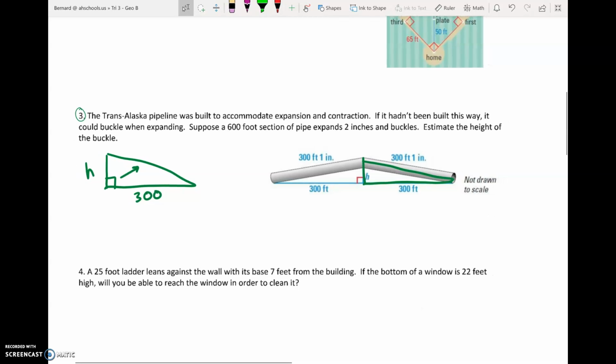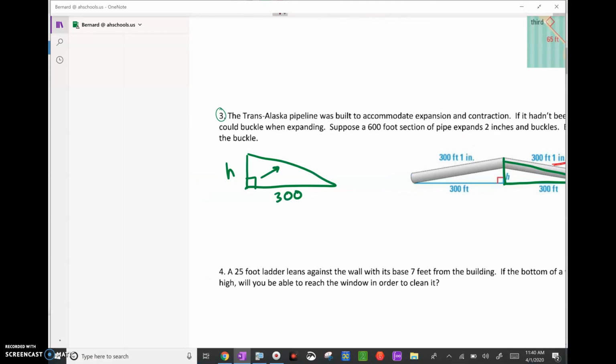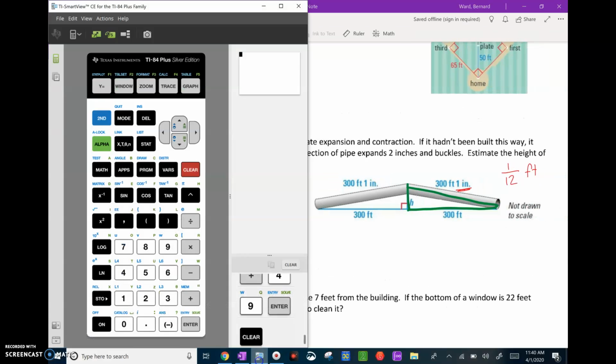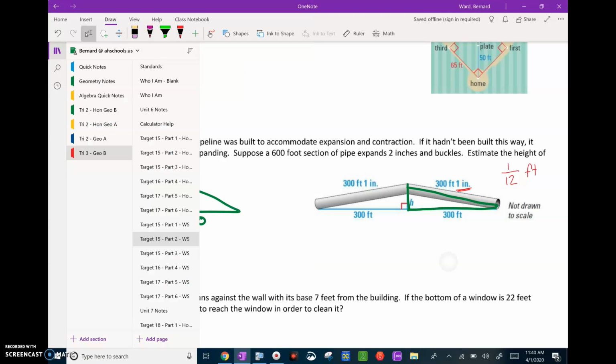There are 12 inches in a foot, so 1 inch is 1/12 of a foot. Let's take our calculator and turn that to a decimal. When we do 1 divided by 12, we get 0.0833 repeating. So this is 300 feet and 0.08333 repeating of another foot, which means we can tack that 0.083 onto the end of our 300 feet.